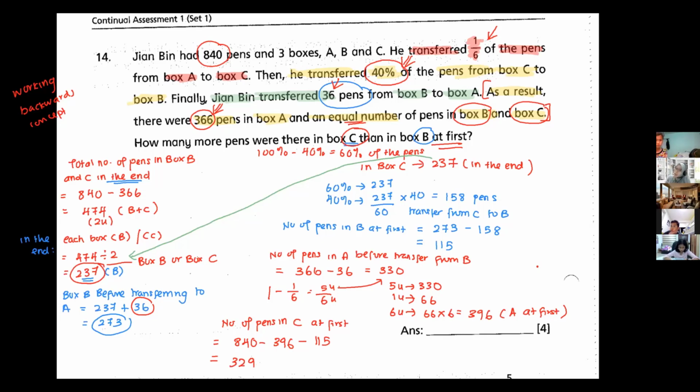So this is my C at first. Since I have my C and I have my B just now, you minus these two. So you take 329 minus 115 equals 214. Answer.